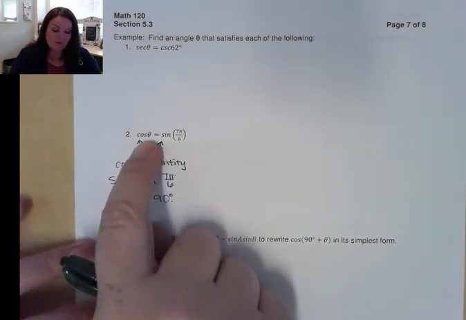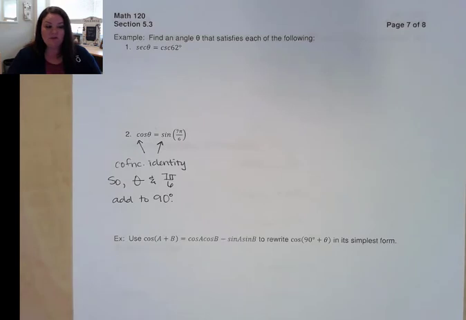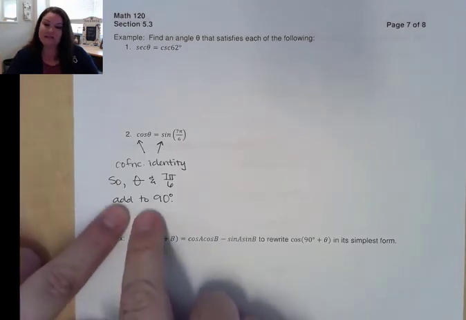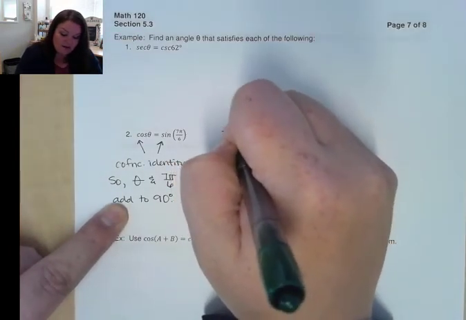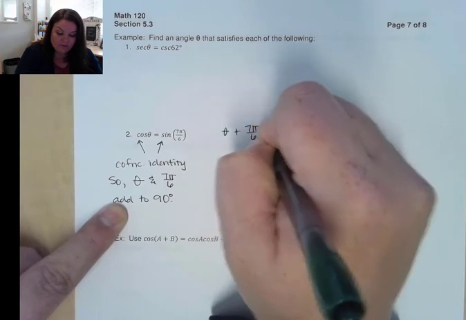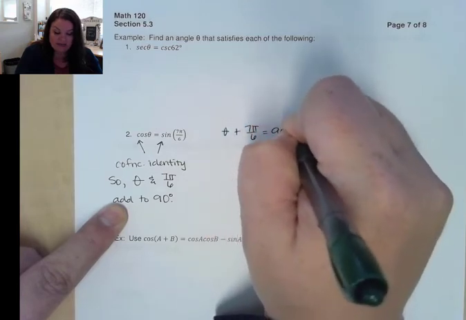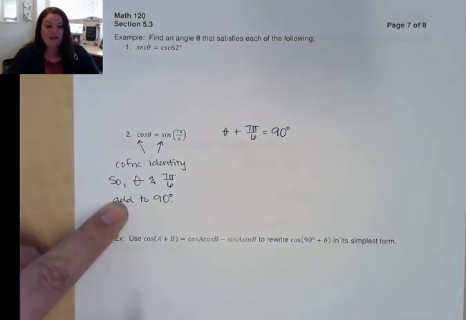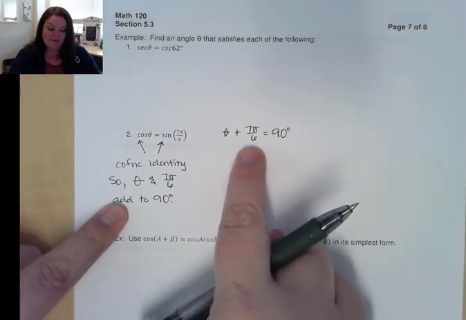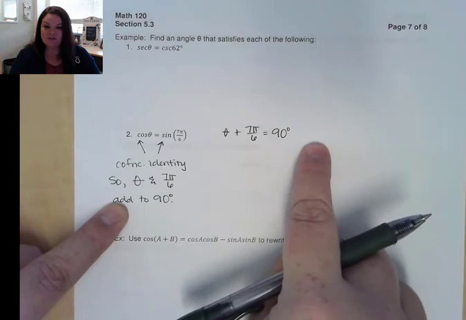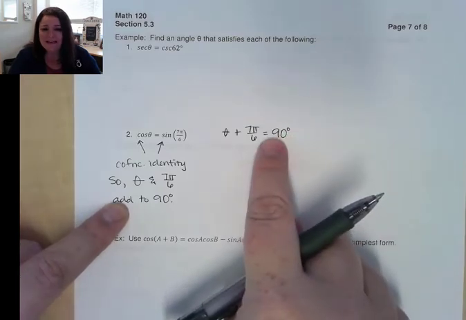So we're trying to figure out what that theta value is. The way that we're going to do that is using this idea that we know that they are complementary. So theta plus 7 pi over 6 has to equal 90 degrees. And then I want to just solve for theta. Now, to solve for theta, I would have to move the 7 pi over 6 to the other side. And right now I have it equaling 90 degrees.